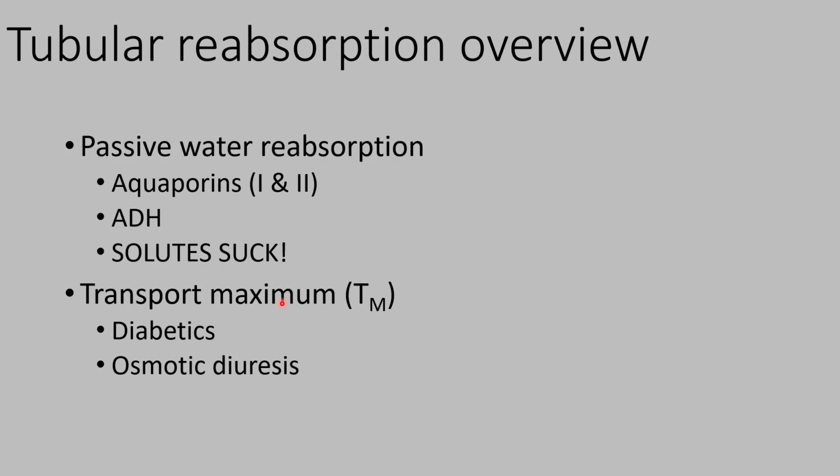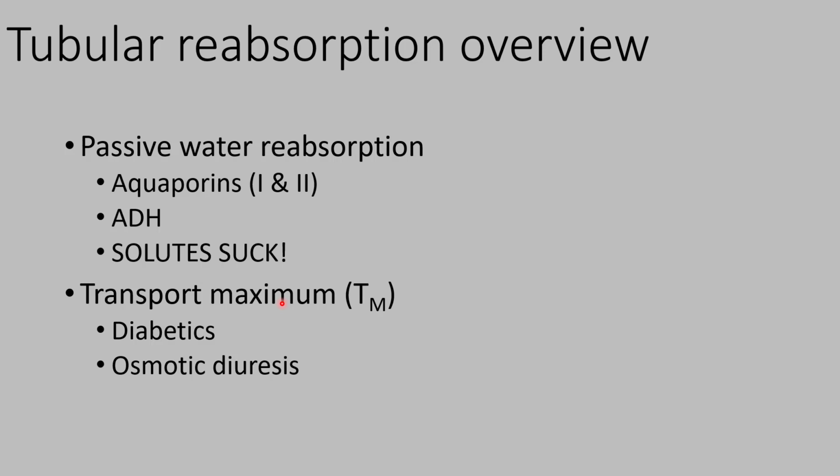The other thing that happens is in diabetics, well, they regularly have high glucose in their blood, and their glucose is going to always exceed transport maximum. Well, glucose, remember, is a solute. So as glucose gets to the end of the PCT, now there are no more glucose transport proteins.